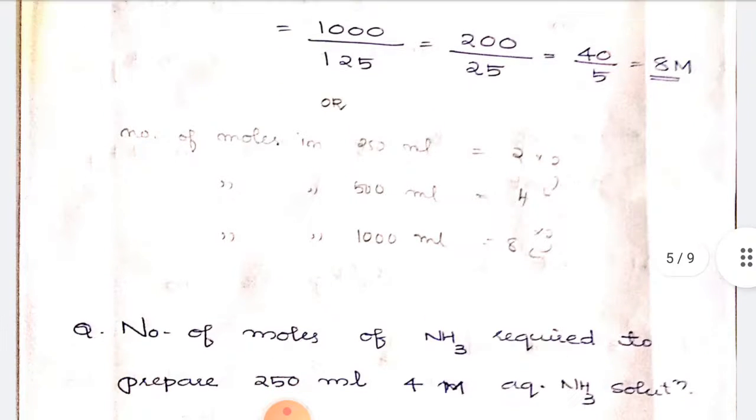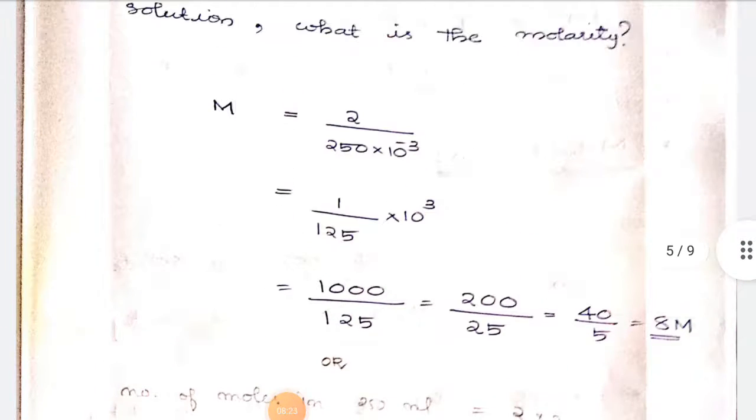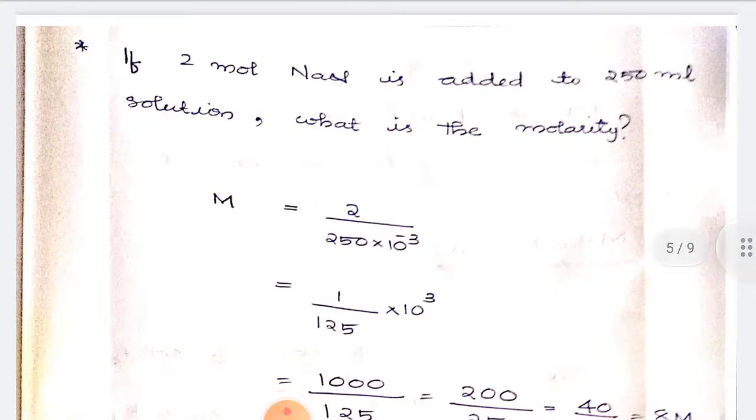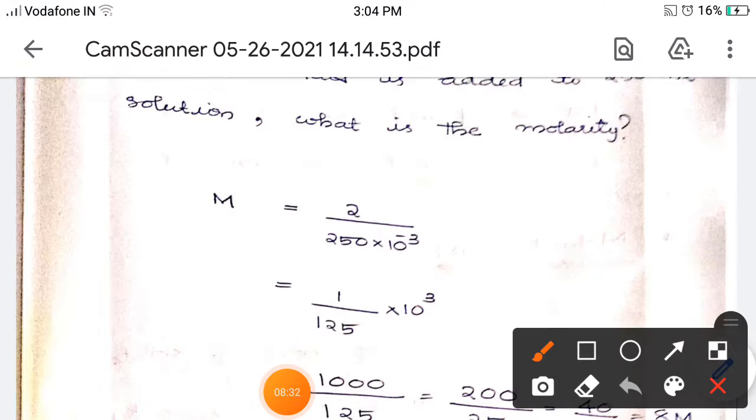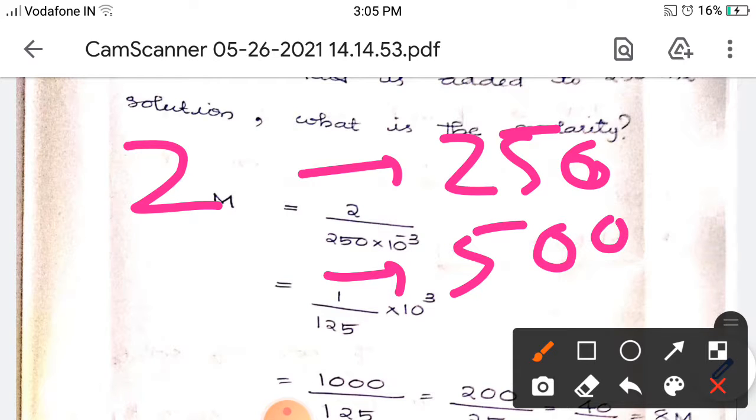So here, if 2 mole NaCl is added to 250 ml solution, what is the molarity? 2 mole in 250 ml solution. Then for 500, how many mole? 4.